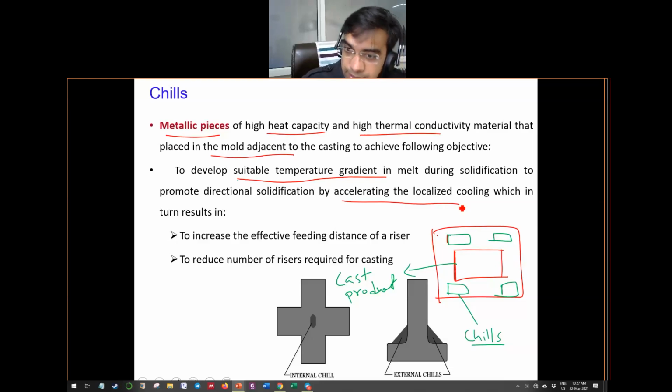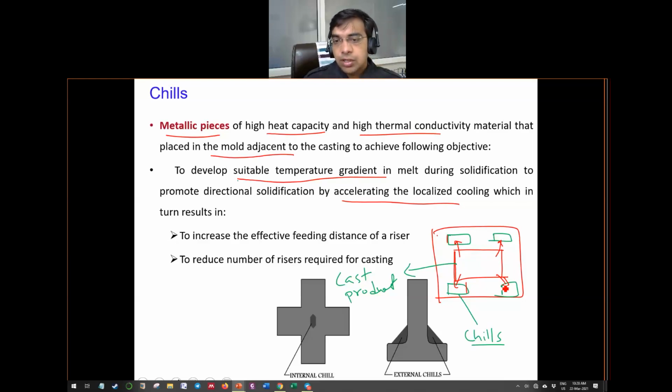Since they have high thermal conductivity, they are able to quickly take away the heat from the molten metal. Once they take away the heat, the change in phase will happen very quickly, going from liquid to solid. Chills can be placed in such a way that directional solidification is achieved.